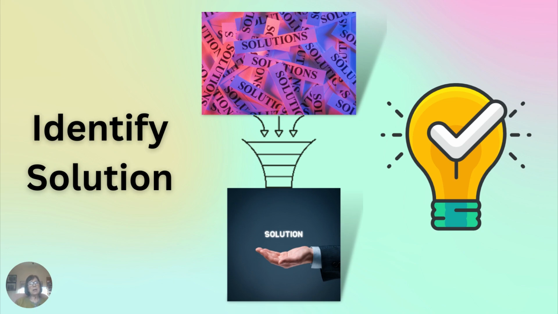Your team could have different types of facilitation workshops, brainstorming workshops, different types of activities where you are pulling in a lot of possible solutions, and based on those, you're going to narrow it down to the one that you believe, based on the data that you've collected, based on the conditions that you've identified, is going to provide the best benefit to solving your problem.